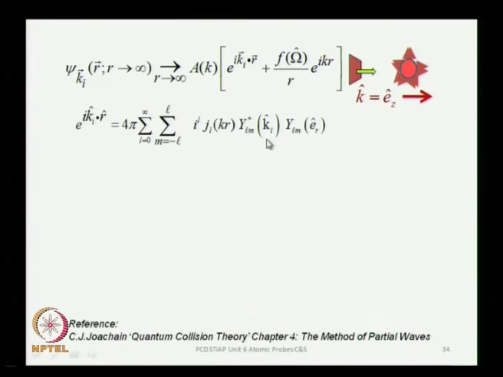This is a solution which represents the plane wave along with the coefficients. There are no unknowns now, okay. The j_L(kr) is also known, that is the spherical Bessel function. You know its asymptotic behavior, which is sine of kr minus L pi by 2 divided by kr. So, there is nothing that is not known over here, and you know this part of the solution now, e to the i k dot r. The net solution is the superposition of the incident wave plus the scattered wave, okay, of which this part is now completely known.